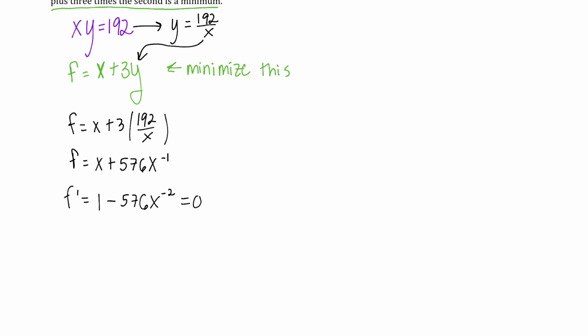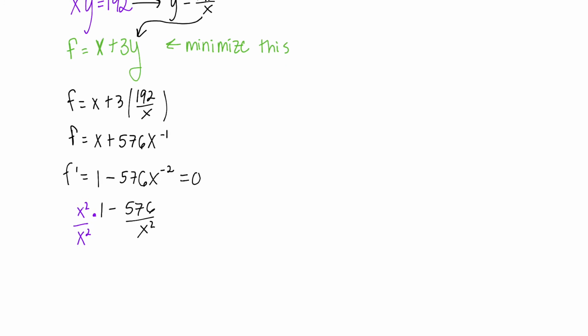Setting that equal to 0. This is 1 minus 576 over x squared. Making a common denominator here, multiplying by x squared on both sides. We have x squared minus 576 over x squared equals 0.